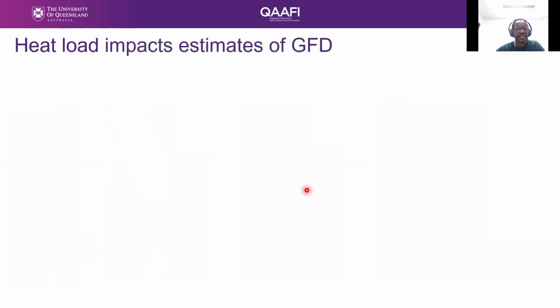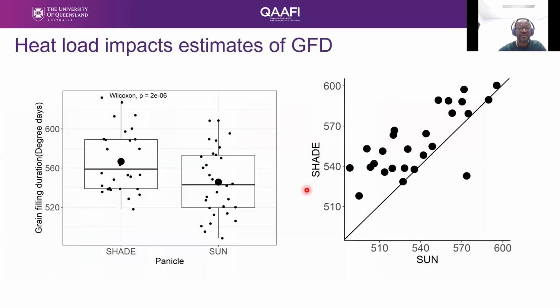When we selected different genotypes across the experiment, we showed that across the whole experiment, the shaded part took longer to achieve grain filling duration than the sunny side.